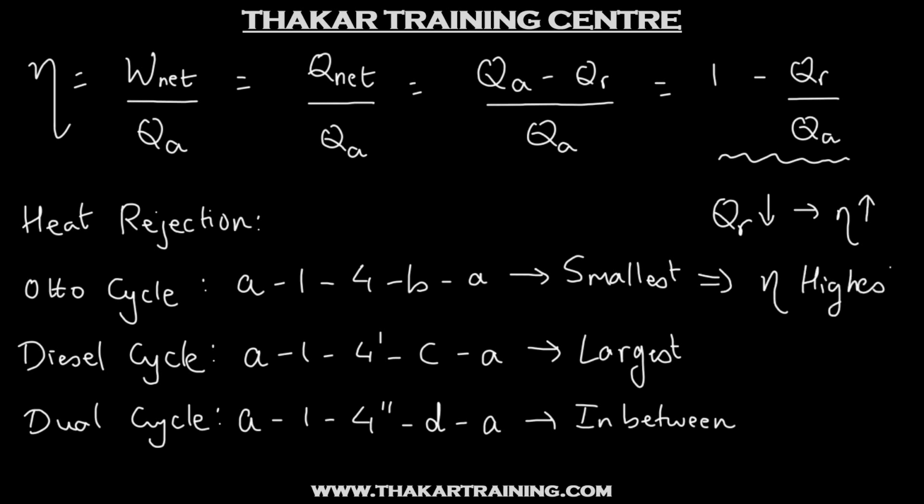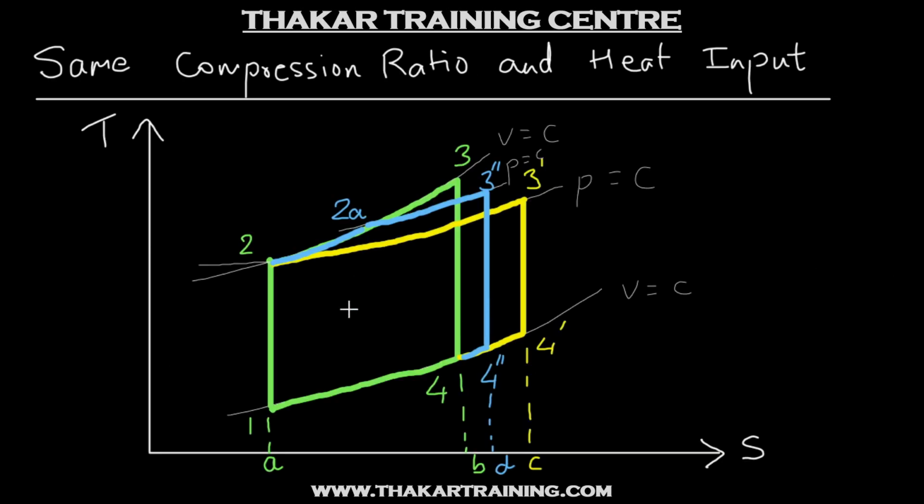This will have the highest efficiency, whereas this will have the lowest. So the diesel cycle will have the lowest efficiency, whereas the Otto cycle will have the highest efficiency. So this is how the 3 cycles compare: efficiency of the Otto cycle is more than efficiency of the dual cycle, and that will be more than efficiency of the diesel cycle. The dual cycle is in between Otto and diesel. I hope you have followed the first comparison.